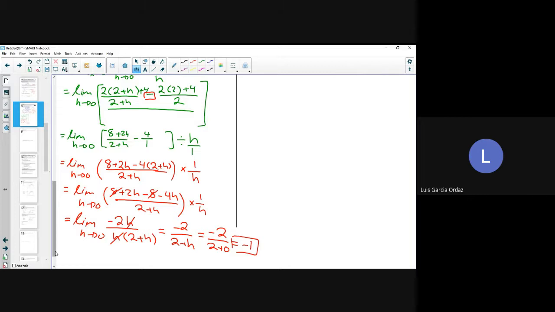No, the 2's cannot cancel, only because you have to factor.